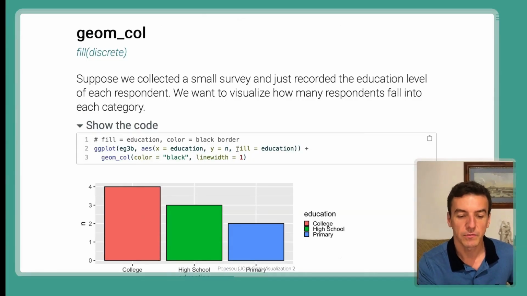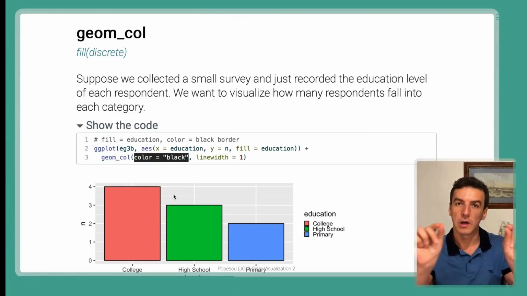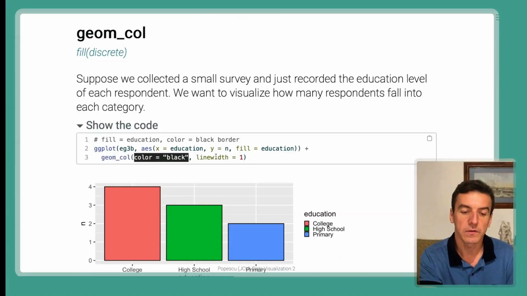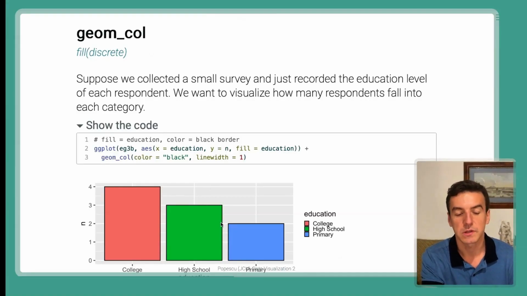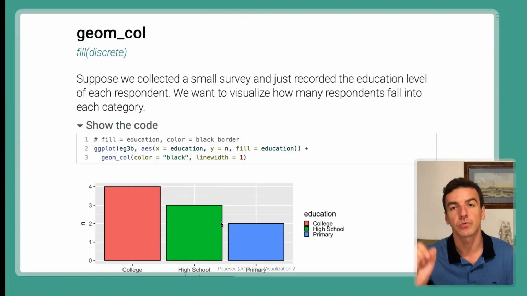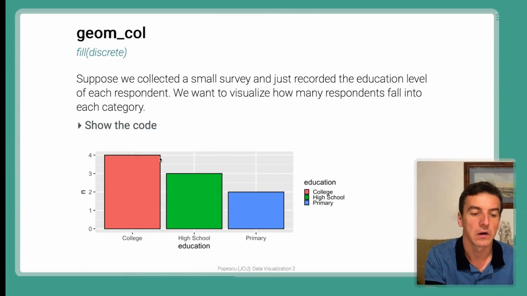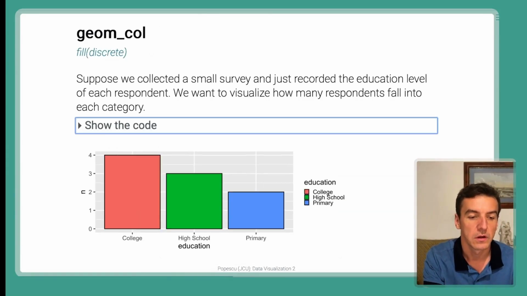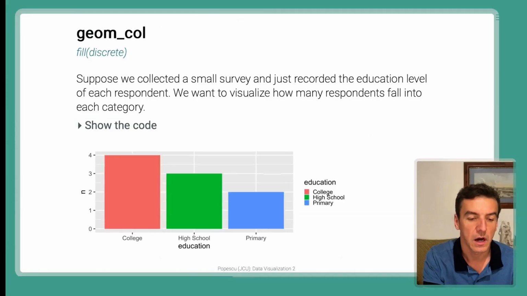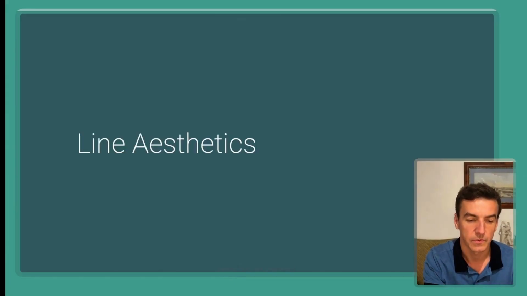So similar to before, we have fill, but we have color black. So we somehow want to contour our columns. Line width is also the option that allows us to decide how thick the contour should be. So these are very typical ways to use fill, either with a contour or without.